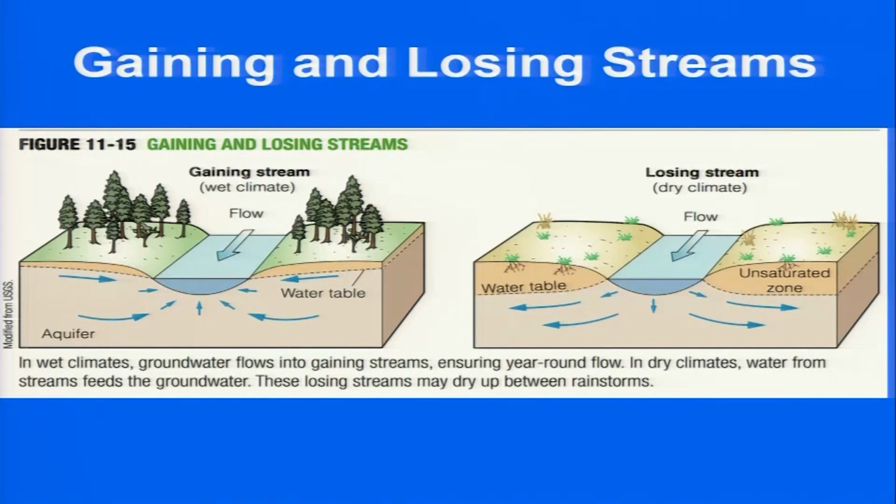These are termed gaining streams, where water is continuously gained, whereas this one is a losing stream. In wet climates, groundwater flows into gaining streams, ensuring year-round flow, whereas in dry climates water from the stream feeds the groundwater. So you continuously keep losing water, and these losing streams may dry up between rainstorms. You will not find such a stream carrying water throughout.